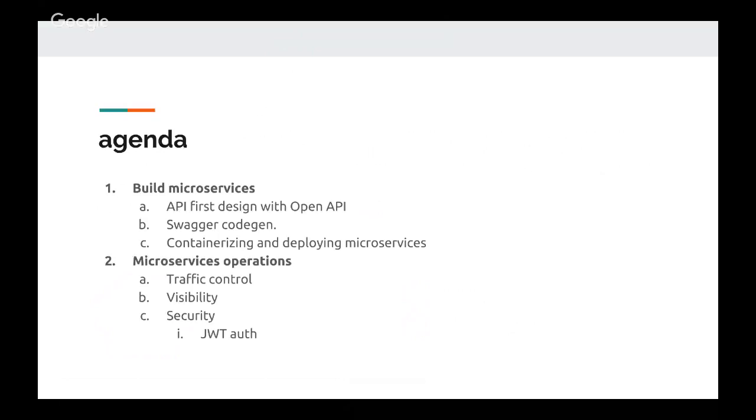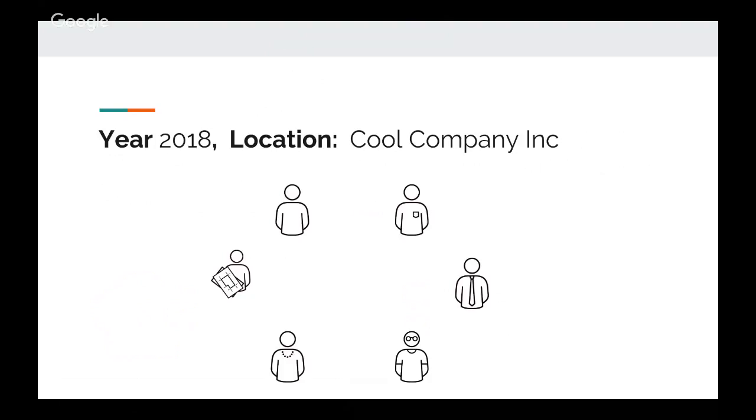Let's go and take a look at the overview now. All right. So for this demo, I'm going to use an example company called Cool Company, and then we will look at the day-to-day activities in that company, and then see how we can build and deploy microservices.